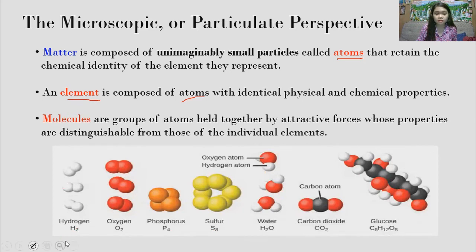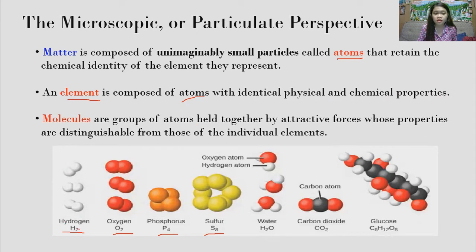Here, hydrogen, oxygen, tetraphosphorus, and octasulfur are all elements because they are composed of atoms with identical physical and chemical properties. When we say identical physical and chemical properties, it means only one type of atom.